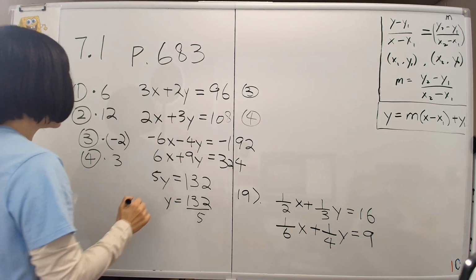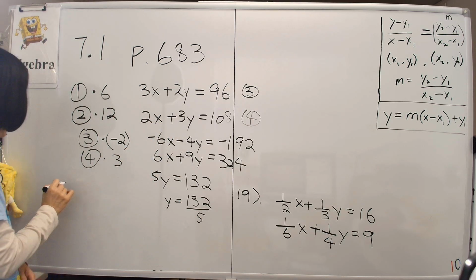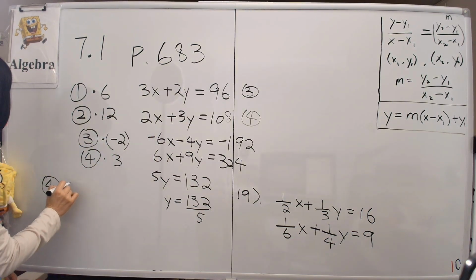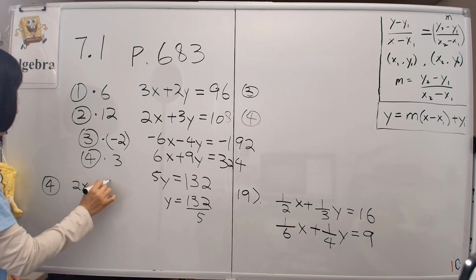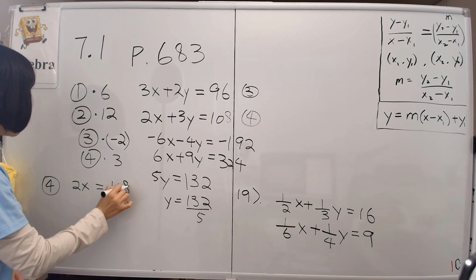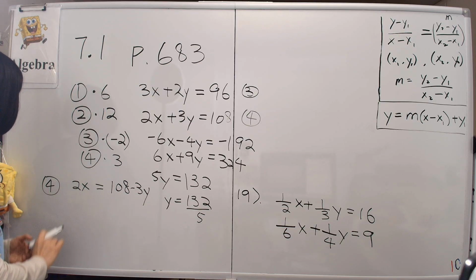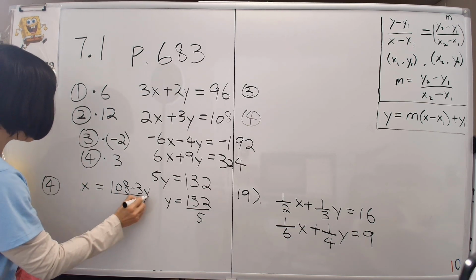How about this one? From equation 4 again, we'll rewrite equation 4 and it becomes 2x equals 108 minus 3y, which means x equals (108 minus 3y) divided by 2.